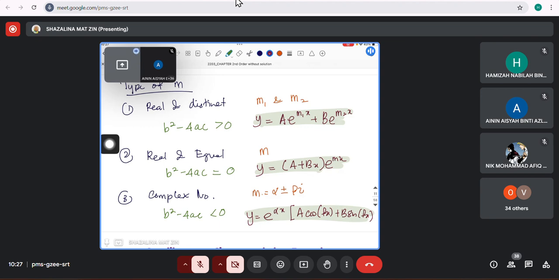If anyone asks whether this formula is given, it depends. Last semester I think it was not given. For the previous 2 semesters, it was given. It depends on the course coordinator.